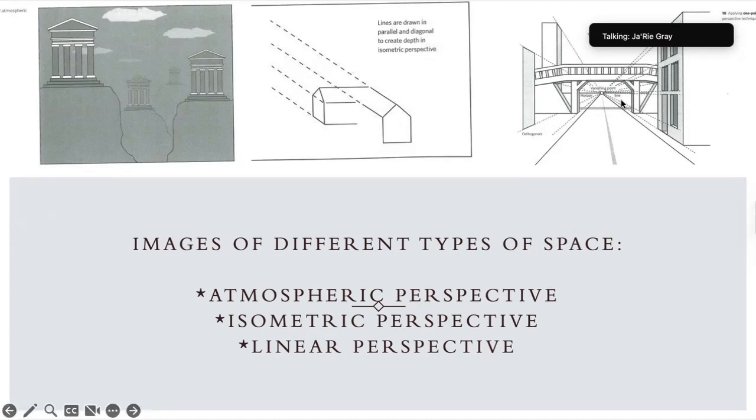Then this is linear perspective. So this is 1 point perspective. Here we have our horizon line, and this is our vanishing point in the center. In 1 point perspective, you can have a vanishing point in the center, or it can be angular. It depends on what you're seeing or what you're trying to compose.